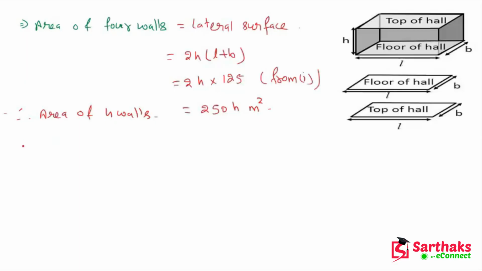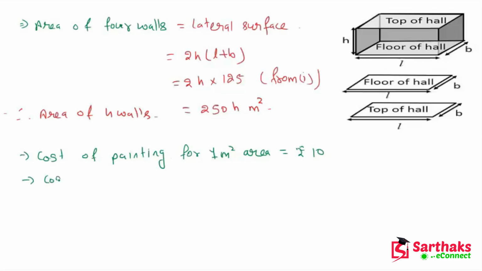Now the cost of painting per meter square area is 10 rupees. So we have the cost of painting for 1 meter square area is equal to 10 rupees.